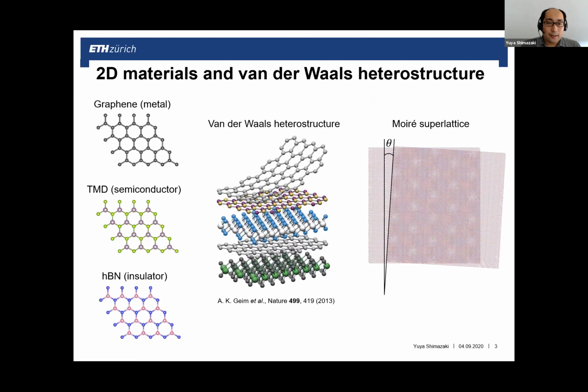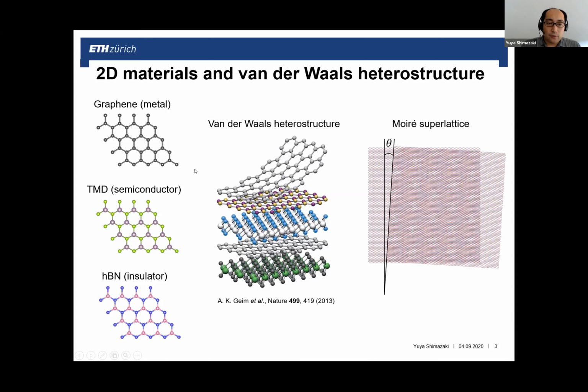As has been discussed a lot in this conference, 2D materials and van der Waals heterostructures are still a hot topic in these decades. There are many materials, and a few of the most well-known are graphene, which is a semimetal, transition metal dichalcogenides, which are semiconductors, and hexagonal boron nitride, which is an insulator.